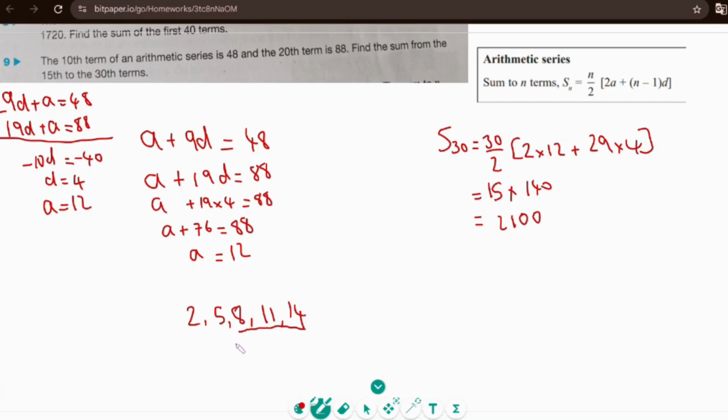Okay, it's obvious you just would add those, but if I was using the formula, I'd need all of the terms, all of the 1, 2, 3, 4, 5 terms, minus 2 of the terms. So that's why here I'm actually going to find the 14th term, because I want the sum of the first 30, and I'm going to take away 14 of them. So I need the 15th term to be included, because I'm adding the 15th to the 30th, if that makes sense. Hopefully it does.